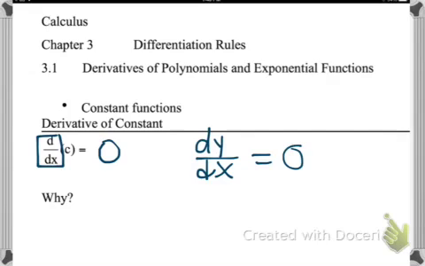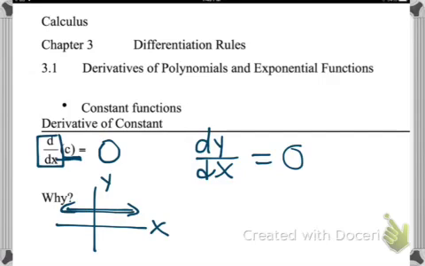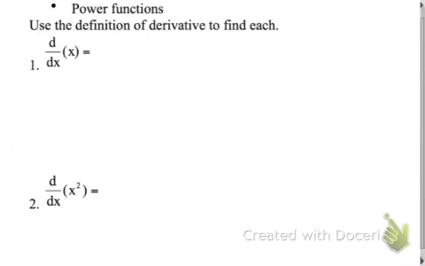If I have d over dx, that basically is saying to find the derivative of whatever's next. Okay, why is the derivative of any constant 0? Well, if you look at it as a function, any constant is just a horizontal line, and the slope of that line is 0 always. Okay, so there's our first rule.